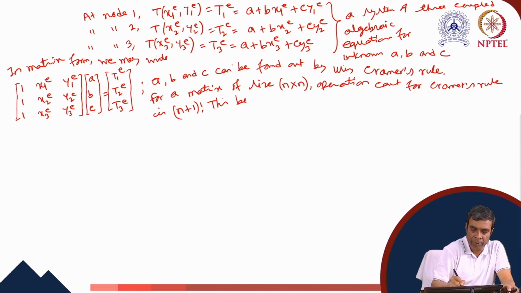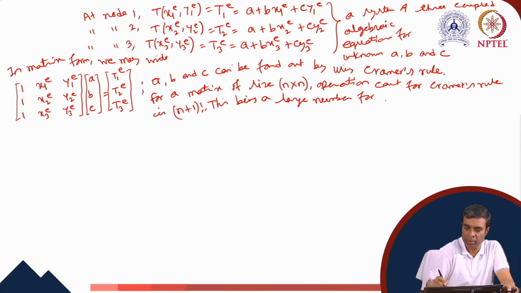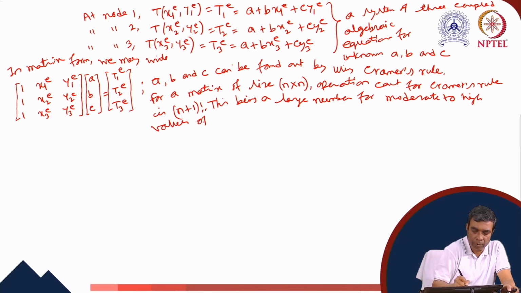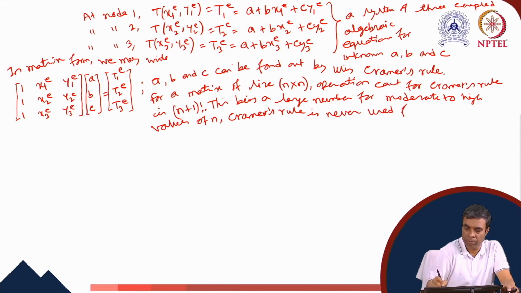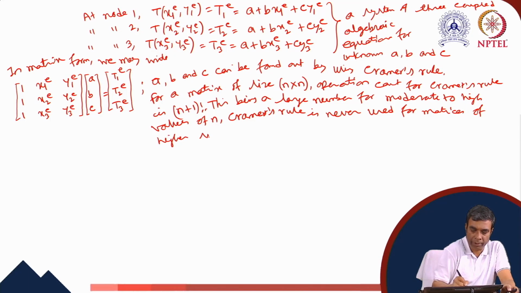This being a large number for moderate to high values of n, Cramer's rule is never used for matrices of higher size.